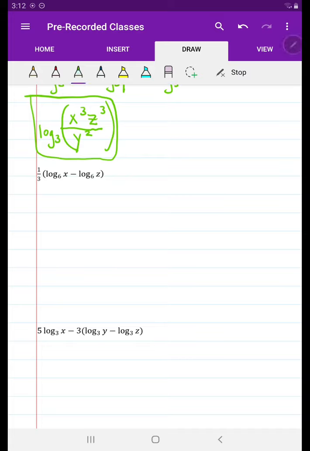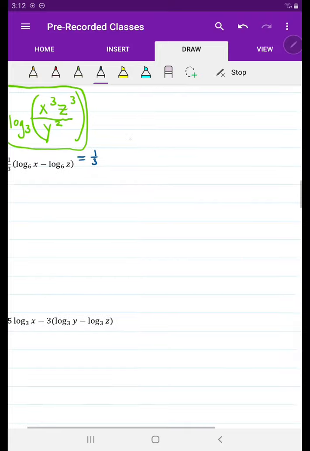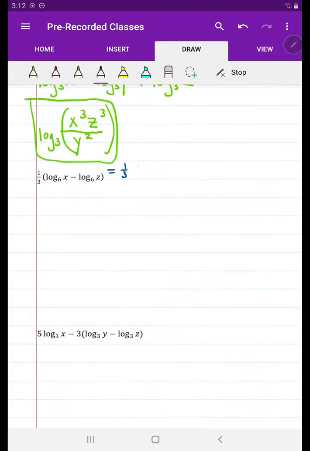Okay, so if we work with what we have inside the parentheses first, we've got subtraction between them, so that's going to turn into division. So what we'll have for our first step is 1/3, and then a log base 6 of x over z.